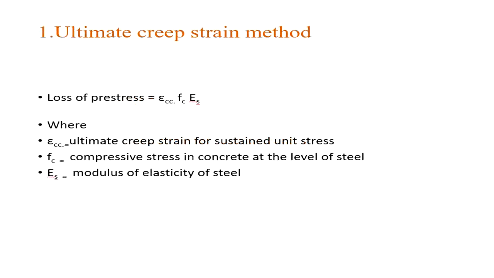In the ultimate creep strain method, the loss of pre-stress can be calculated by a simple formula, where the ultimate creep strain after sustained unit stress, Fc is the stress in concrete at the level of steel, and Es is Young's modulus of steel.